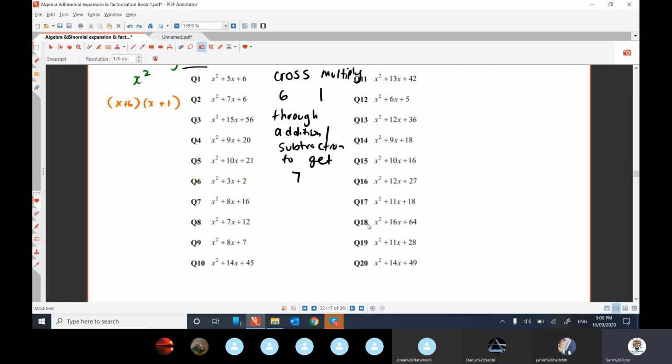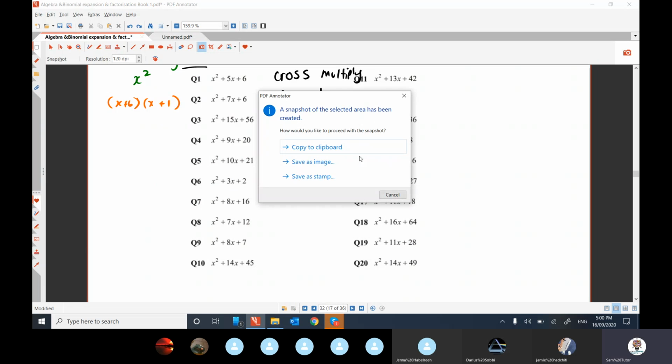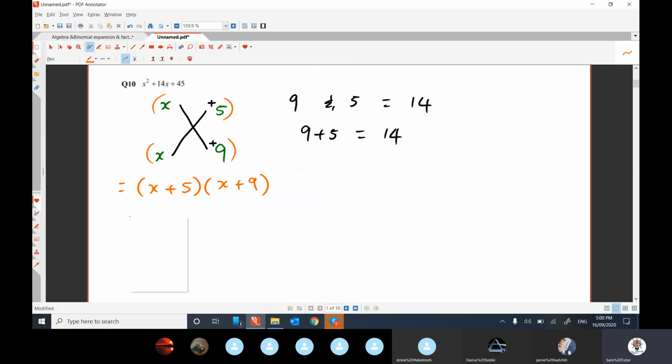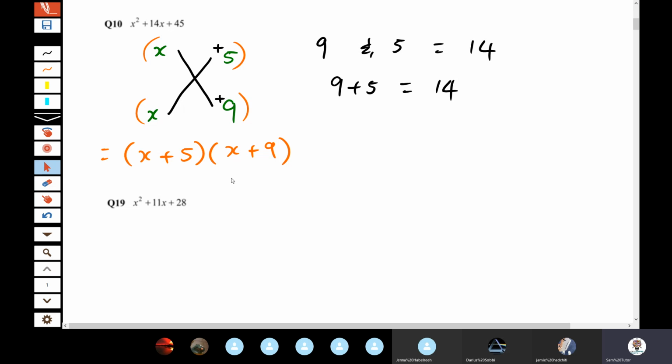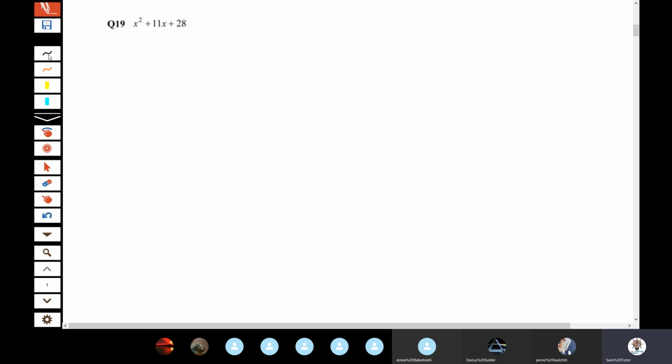Let's do another one. Jamie, just so you can make sure. Let's go with question 19. Okay, again, can you tell me how to start this? You draw the cross. And then you put an x and an x. Two things that multiply to get you x squared, x and x.